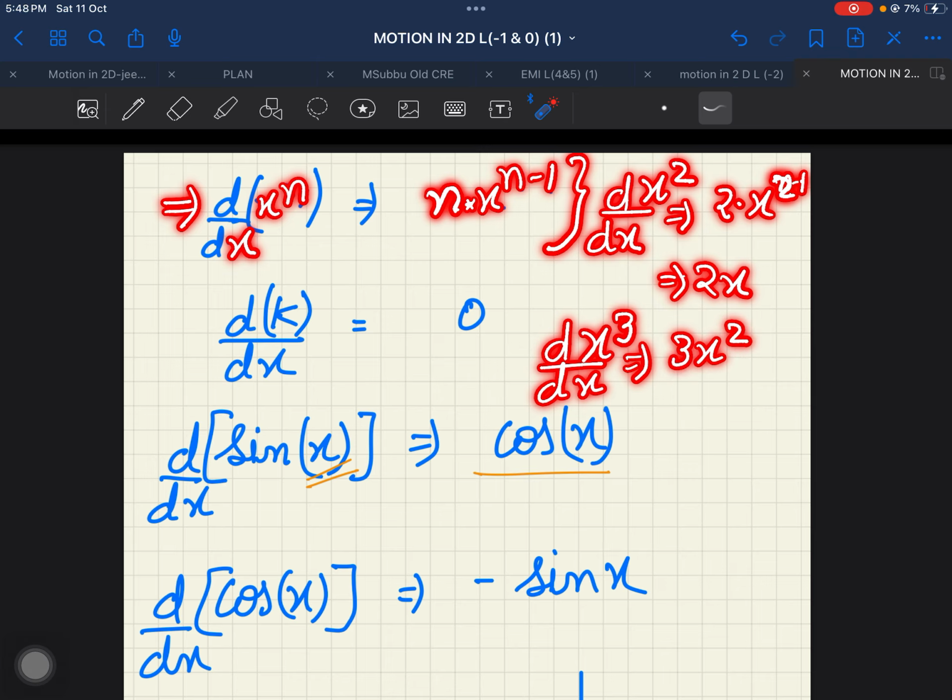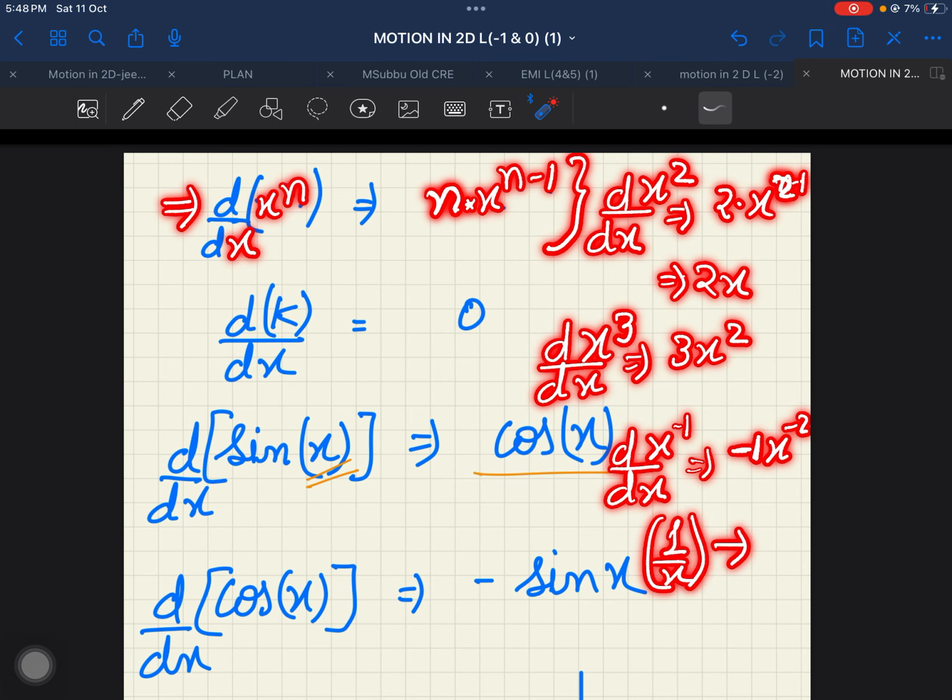Think by yourself. Suppose you have to differentiate x to the power minus 1 with respect to x, then it will be minus 1 x to the power minus 2. This means the differentiation of 1 by x is minus 1 by x square. Just check.